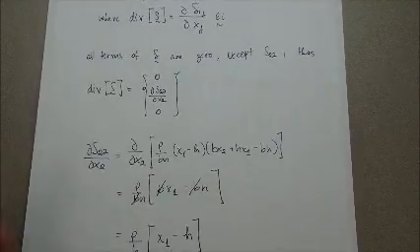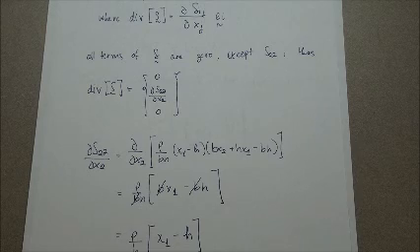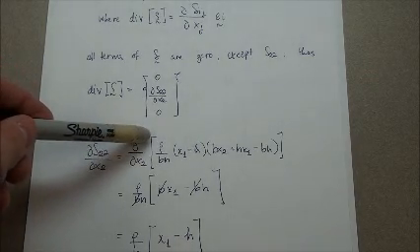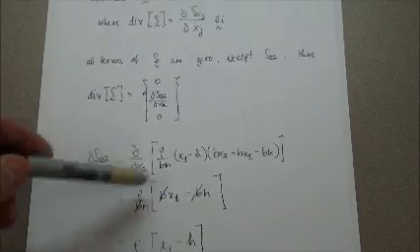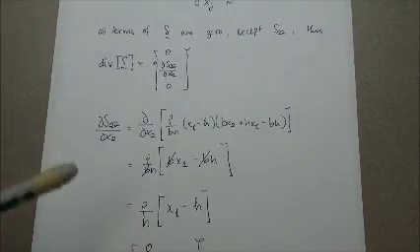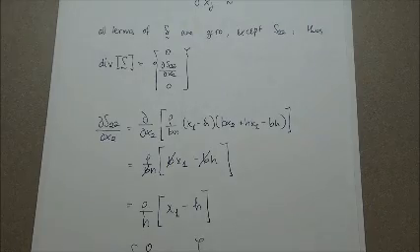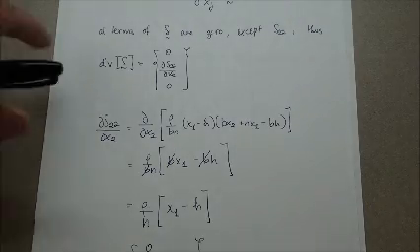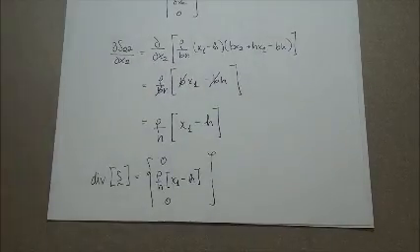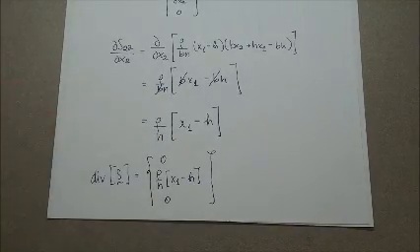If we look at the partial of S22 with respect to x2, we can simplify this expression to ultimately end up with rho over h times x1 minus h. So the divergence of S will give us this vector here.